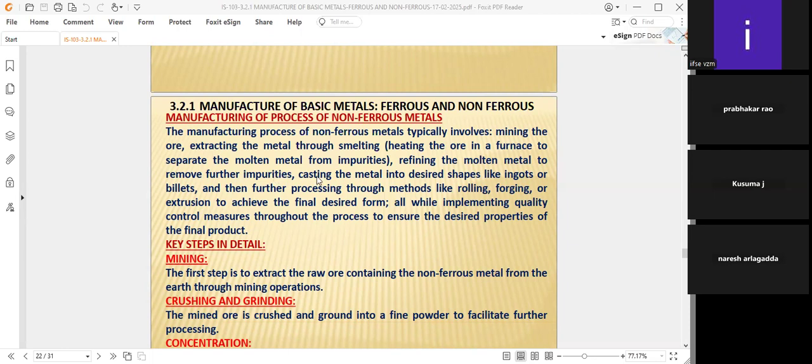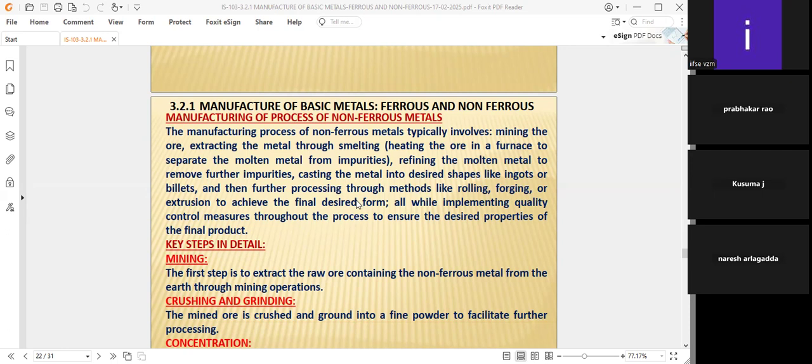That means it will be poured into cast shaped vessels, thereby becoming desired shapes like ingots or billets. The cast shapes are called ingots or billets, and are then further processed through methods like rolling, forging, and extrusion to achieve the final desired form.